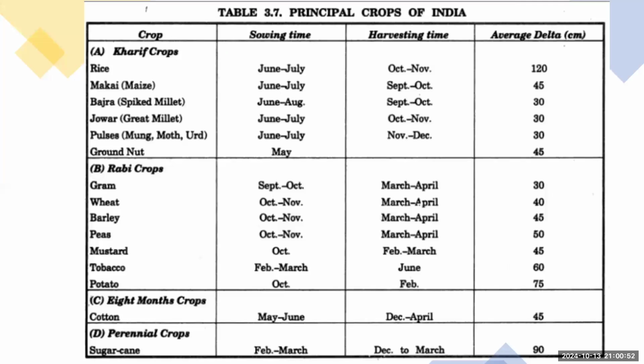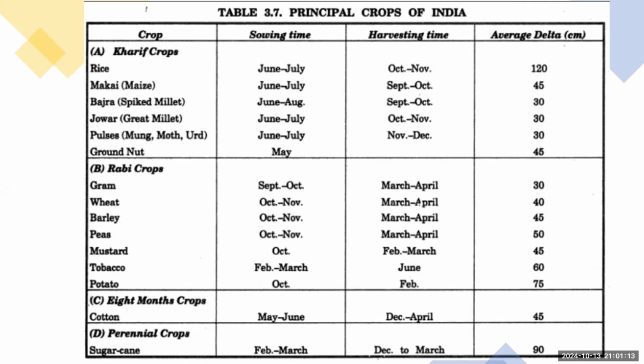Okay, and this is the table which shows the principal crops in India. It shows the type of crop, its sowing time and harvesting time, and average delta, which means the total depth of water required to be applied for a particular crop.